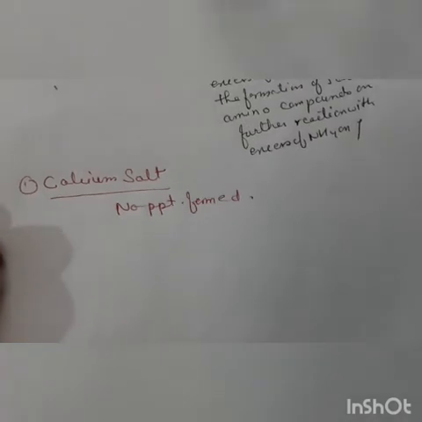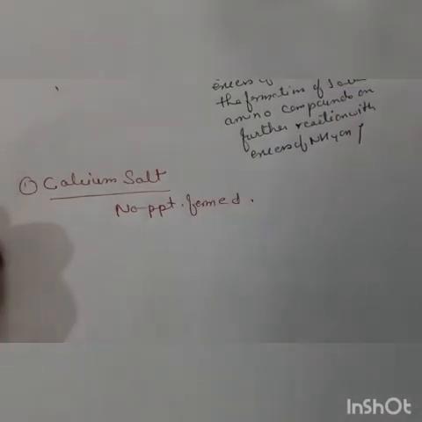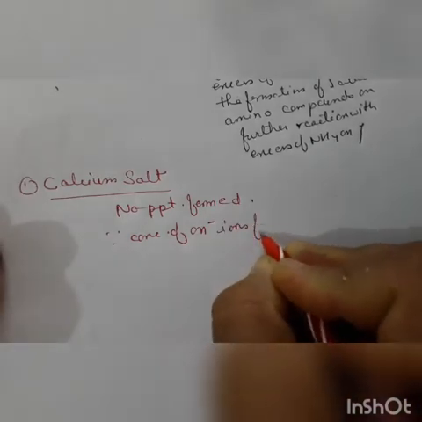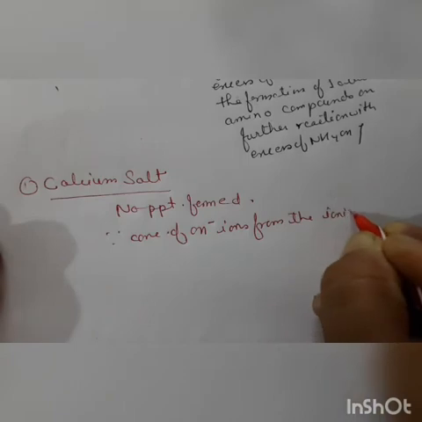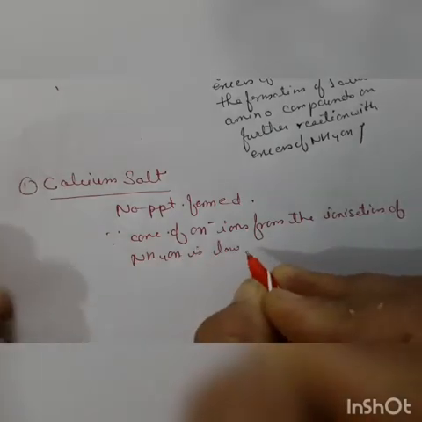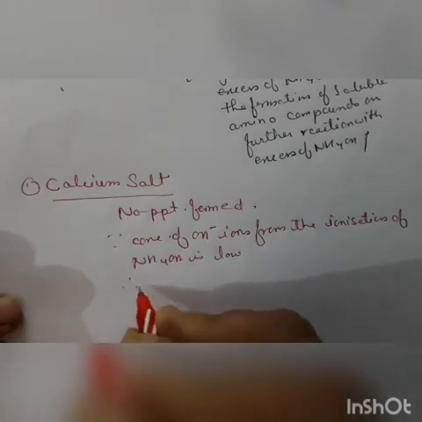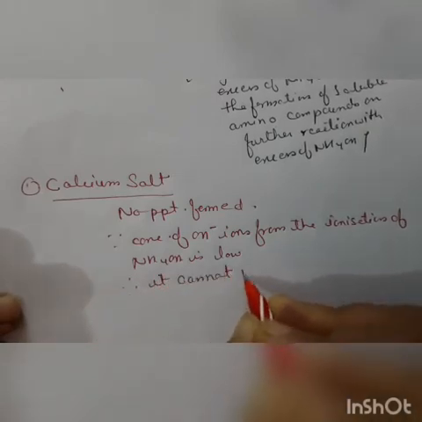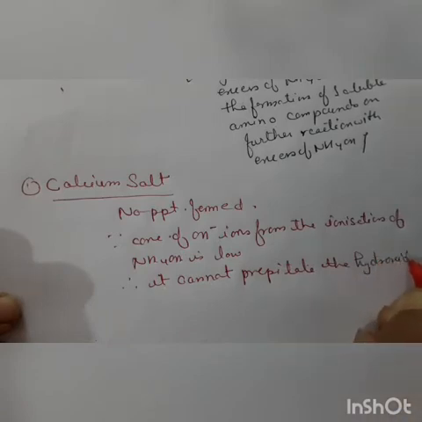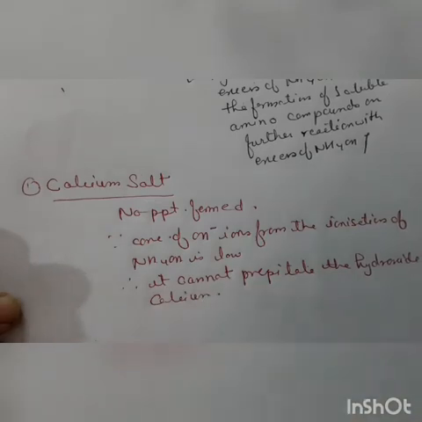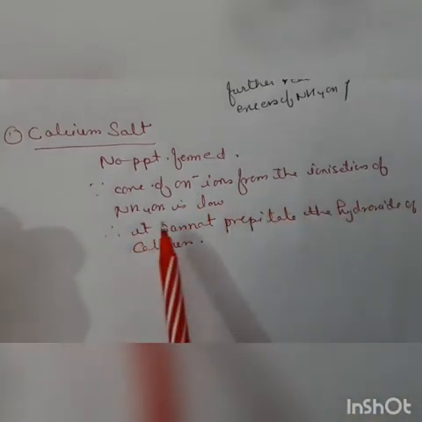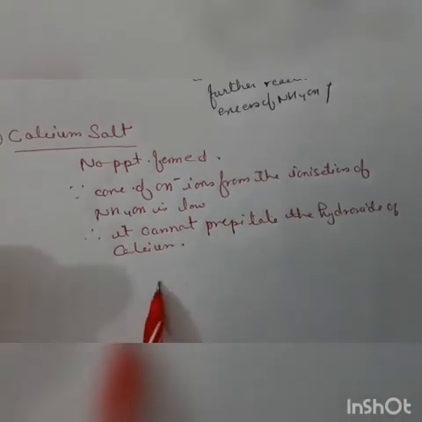No PPT is formed on addition of excess ammonium hydroxide because the concentration of hydroxide ions from the ionization of ammonium hydroxide is low, and therefore it cannot precipitate the hydroxide of calcium.